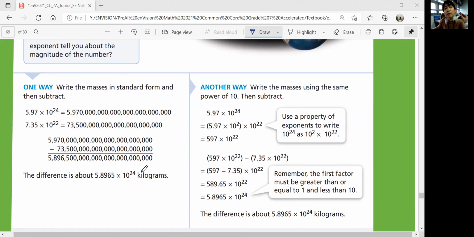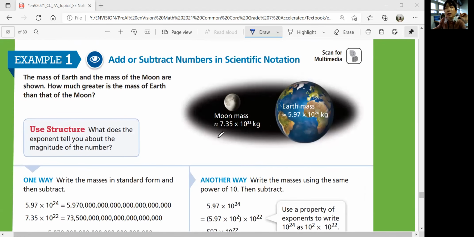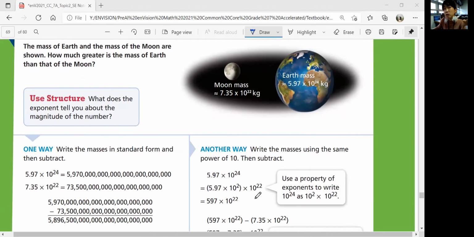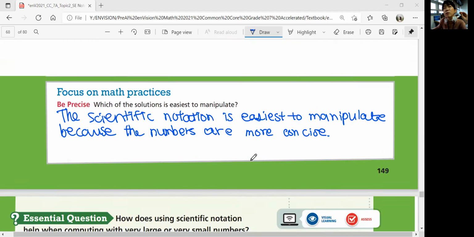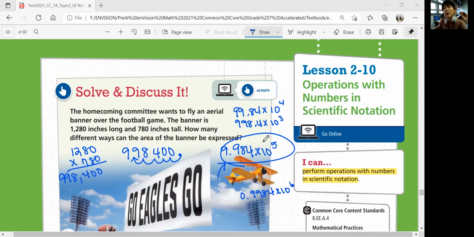Then you can write your difference in scientific notation. Another way is to write the masses using the same power of 10 and then subtract. You cannot subtract the digits of the first factors when you have different powers, but if you have the same powers, you can. So you will make the same power. How do you do that? Do you remember how we have multiple ways to express the same number with different powers?